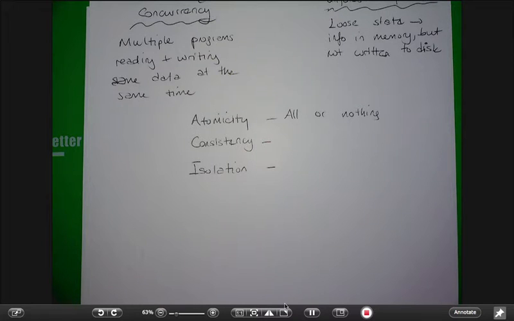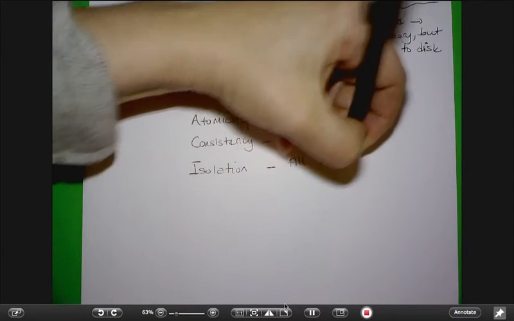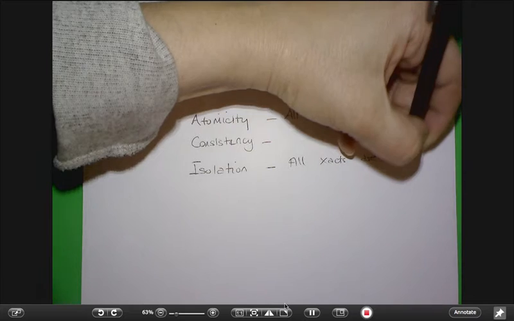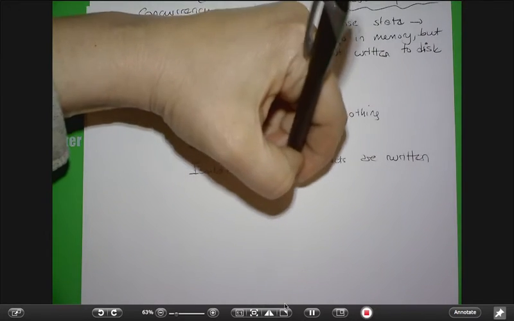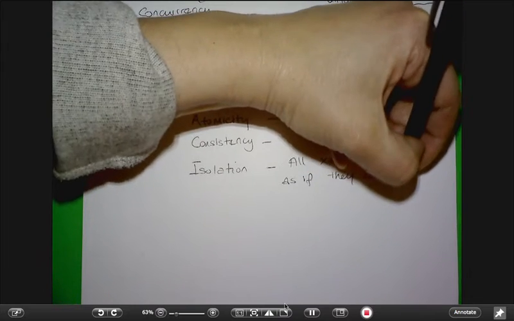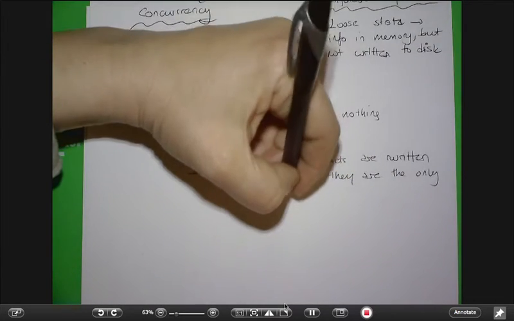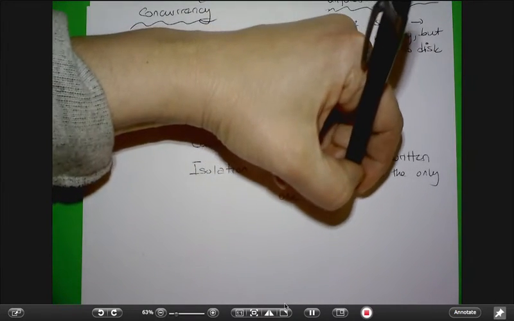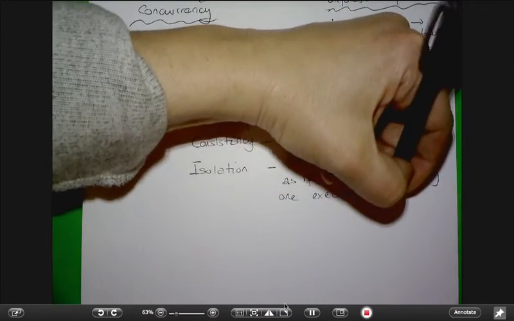So regardless of what other people are doing, I write all my programs as if I was the only transaction executing at any point in time. So all transactions are written as if they are the only one executing at any point in time.